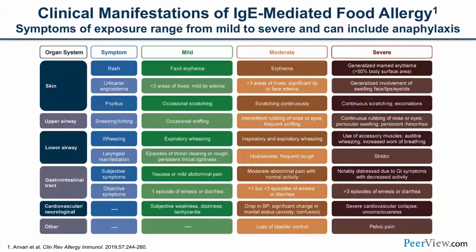Also common are gastrointestinal symptoms, including itchy throat or itchy mouth, stomach pain, nausea, vomiting, or diarrhea. There can be upper airway symptoms like allergic rhinitis, such as nasal congestion or sneezing, and more concerning symptoms involving the lower respiratory tract such as persistent cough or wheezing, shortness of breath, and in rare cases cardiovascular effects with a drop in blood pressure with systemic anaphylaxis.